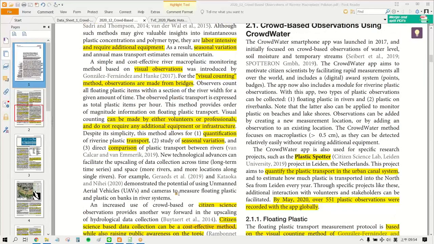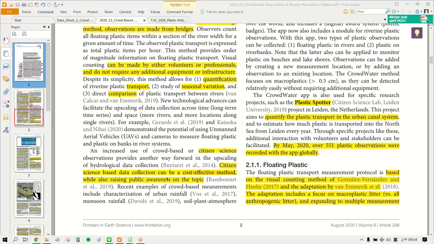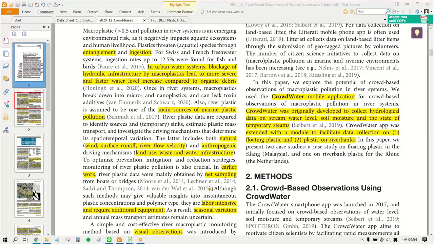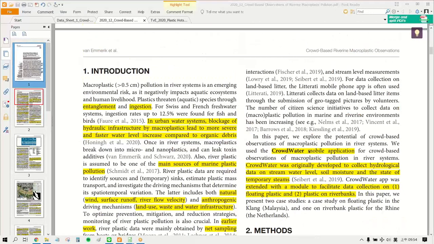And citizen science can be a very cost-effective method, while also raising public awareness on this topic. So they use this mobile application called Quant Water.